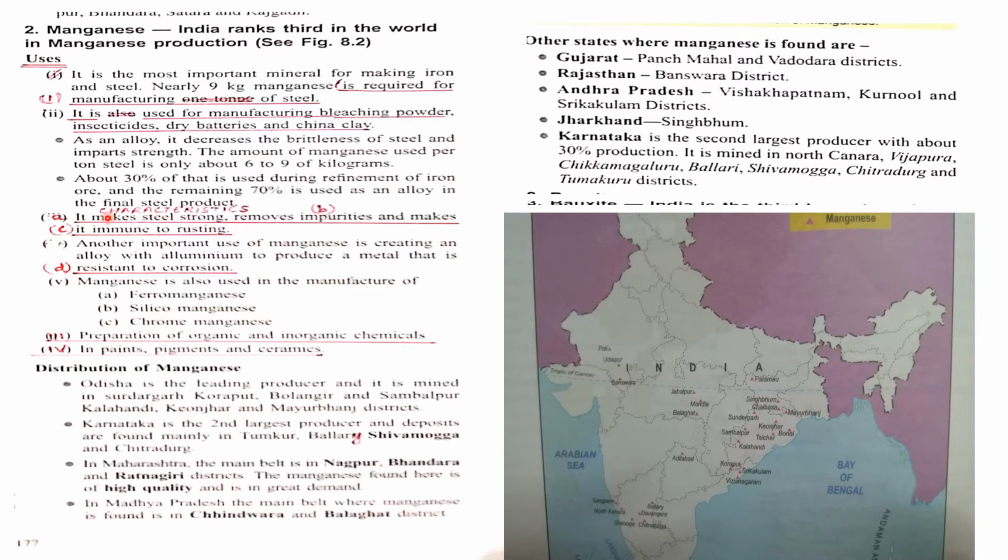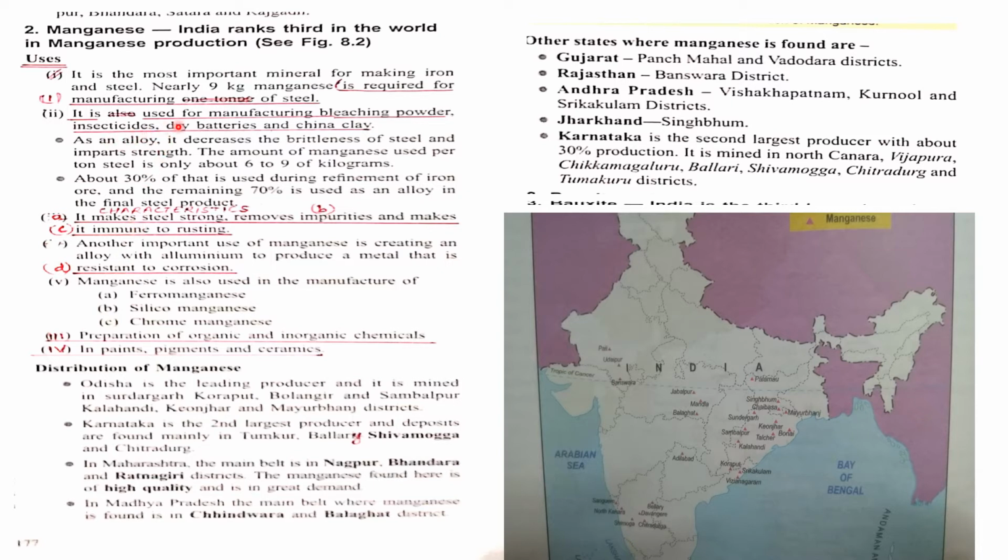So therefore here I have written as characteristics: A, it makes steel strong, B, removes impurities, C, it is immune to rusting, and D, it is resistant to corrosion. So these will be the characteristic features of manganese, and then we come to the uses.